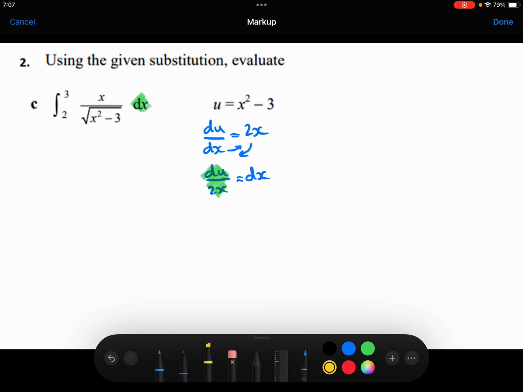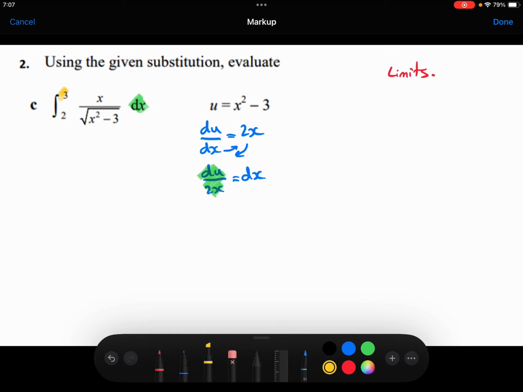Next, let's have a look at these limits. So my upper limit was when x was 3. So in that case, u would be equal to 3 squared minus 3, which is 6.